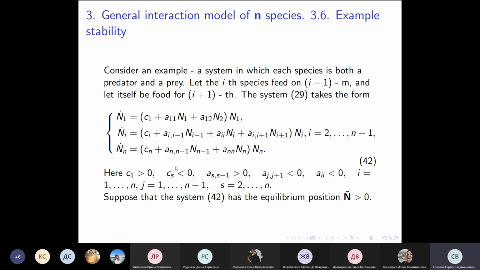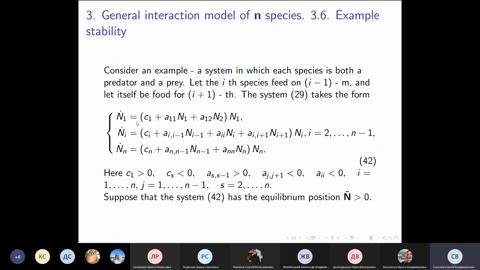So for our predator-prey model, the main type of the interaction, the fact that the first is the prey and all the others are predators and prey, this interaction type guarantees us the stability.